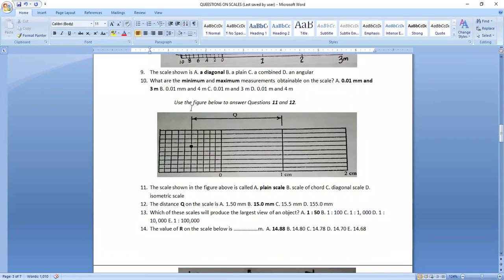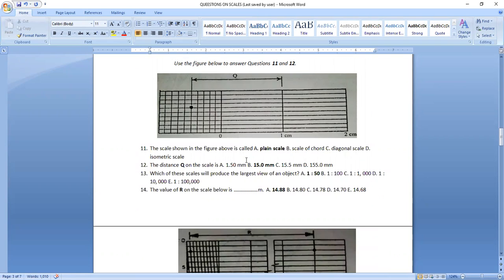Here we are to use this figure below to answer questions 11 and 12. The question says that the scale shown in the figure above is a plane scale. So this is a plane scale. Question 12 asks for the distance Q on the scale.